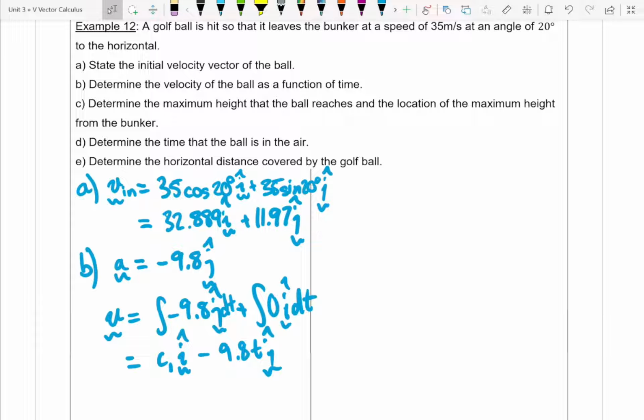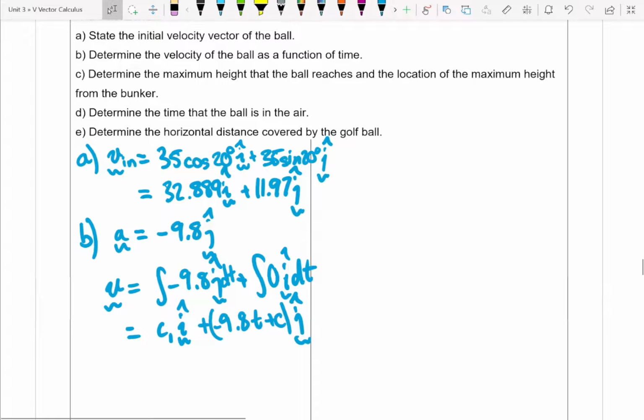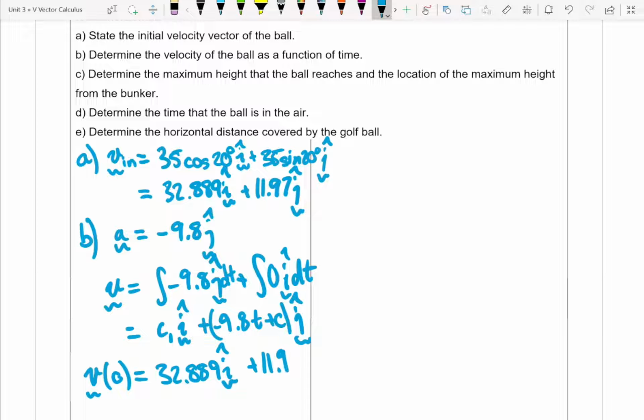Well, how are we going to find the value of C1? Oh, sorry, I forgot my plus c in my j component. Because we're integrating negative 9.8, we're going to get negative 9.8t plus C2 j. So we know that v of 0, that's our v initial, which is 32.889i plus 11.97j.